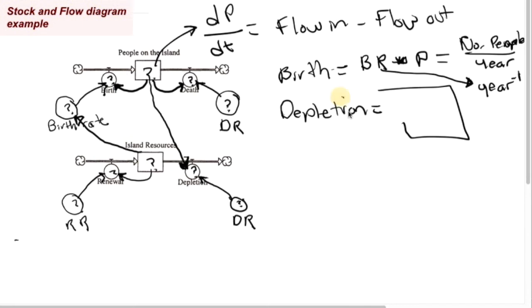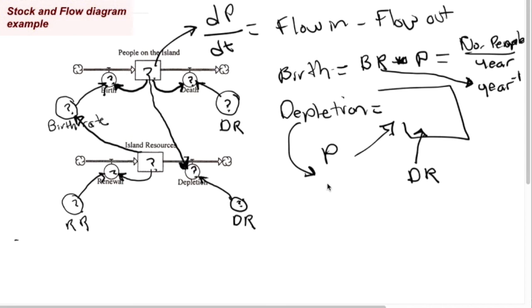And in the case of the depletion, we don't know the equation, but we know that it implies people on the island. Well, we can just call it P. And it also includes the depletion rate. Okay? But at the end, the units of depletion have to be island resources per time.